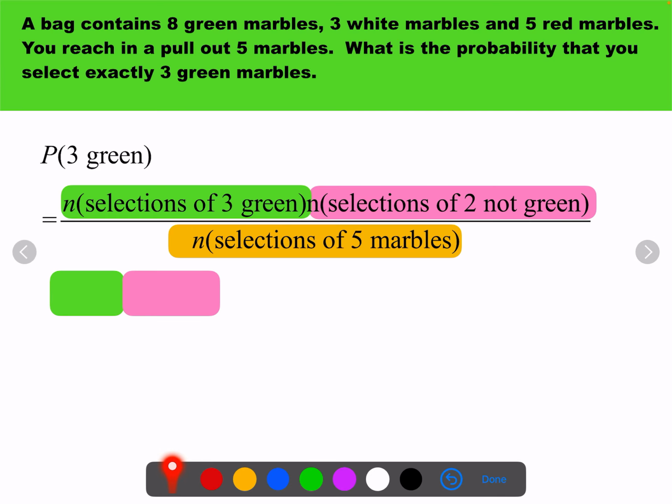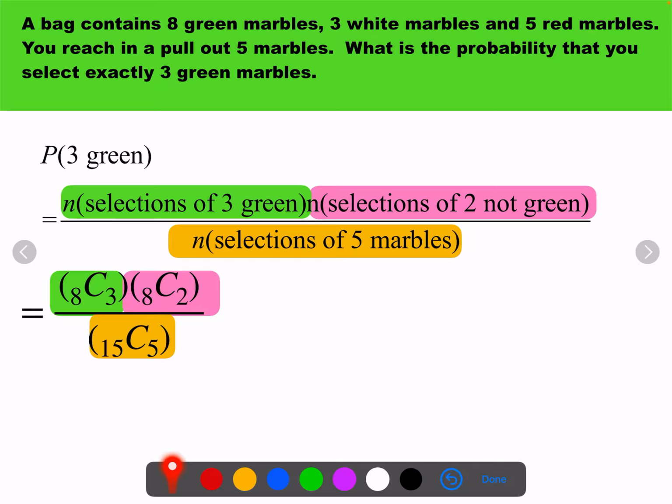And here are those values coming up. So again, 8 choose 3, the number of selections of 3 green, 8 choose 2, the number of selections of 2 of the not green, over top of 16 choose 5. Then I just plug that in my calculator. You can work out the top and work out the bottom, and then use your fraction button to reduce that fraction, or you can just do it all at once in your calculator, pressing the fraction button instead of the division button.